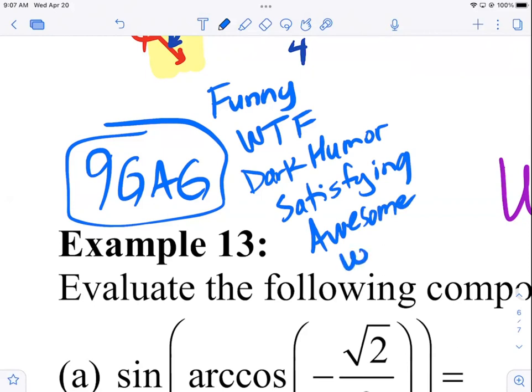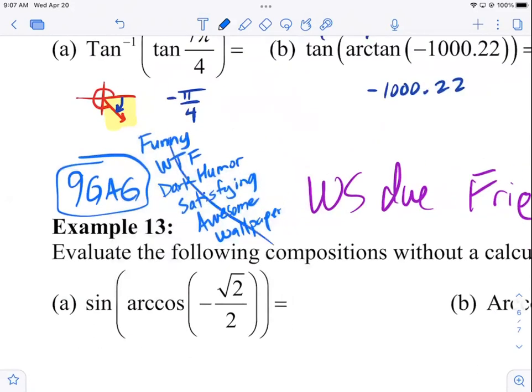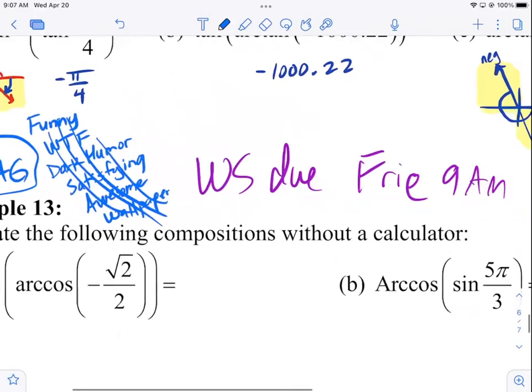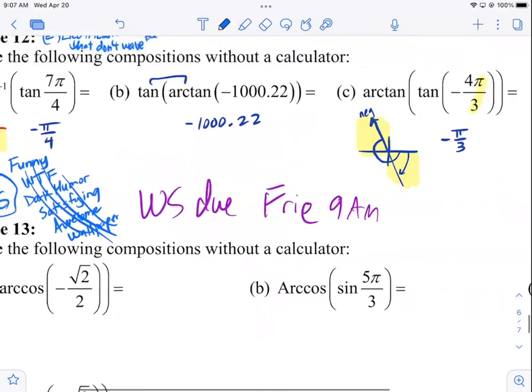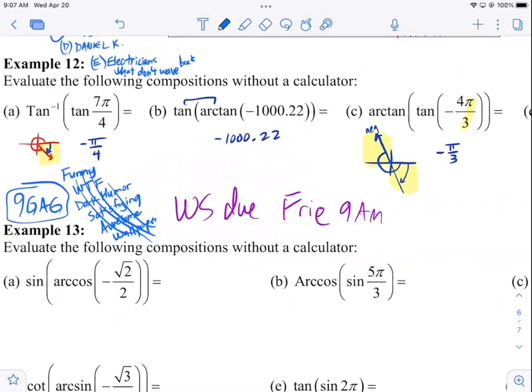There's also wallpaper. There's all kinds of categories. Check it out. I'm not getting paid to advertise 9gag, but I find it more satisfying than strolling through Instagram, where you just start getting jealous of other people's wonderful lives, right? 9gag is like you're laughing. Anyway.